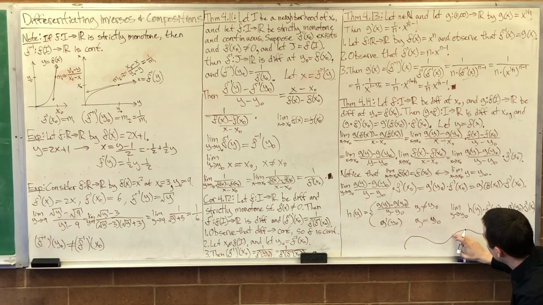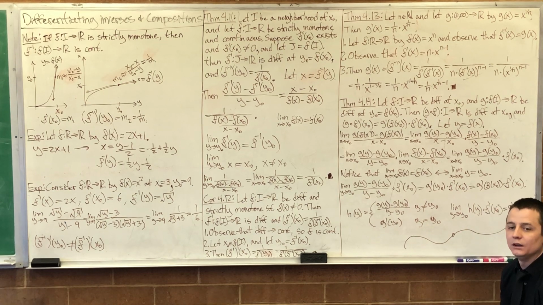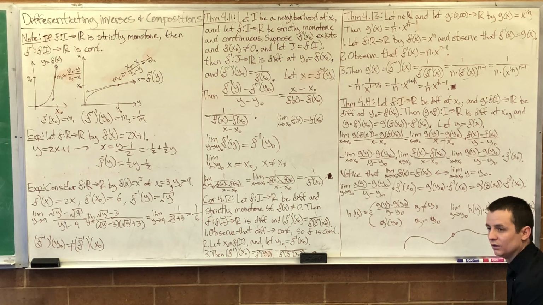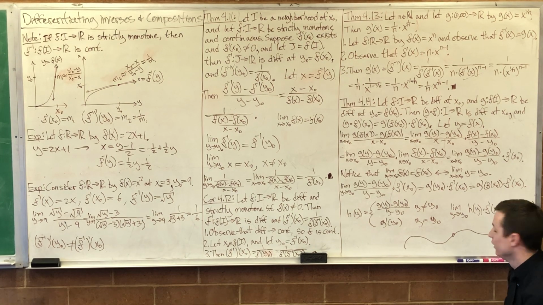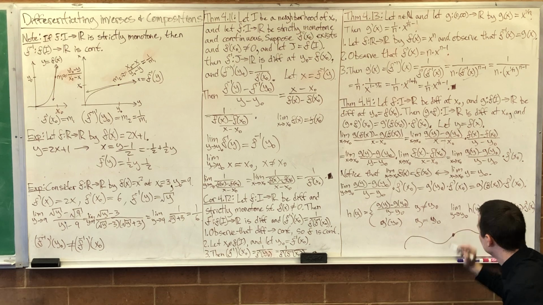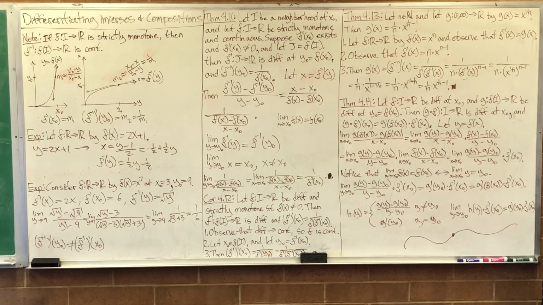Because remember, even if I have a hole in the function, the limit at that point is still the exact same thing. Whether the function is defined at that point or not, when you have a hole there, the limit's still the same thing. Filling in the hole with the same limit value just means I don't have to deal with the technicality of there being a hole there. When we're taking the limit, it doesn't change anything. The values are still the same.